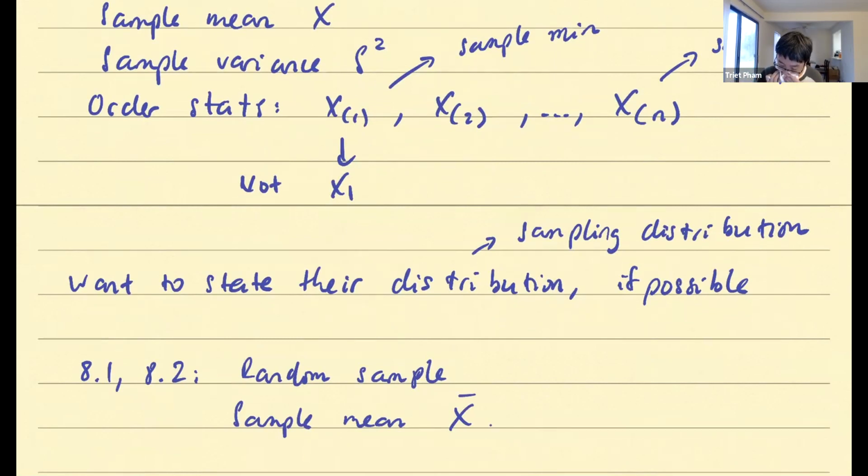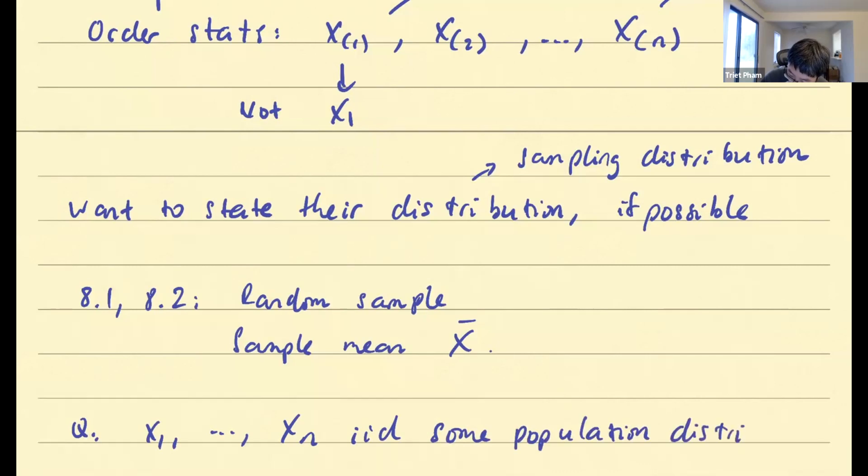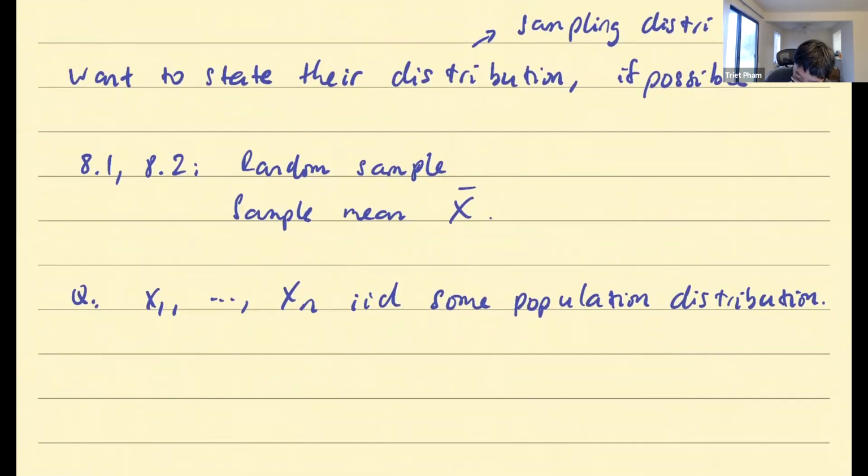So the question is, suppose we have X1 up to Xn, IID, from some distribution, some population distribution. And we form X bar, which is the first statistic that we look at in this class, which is the sum over n.